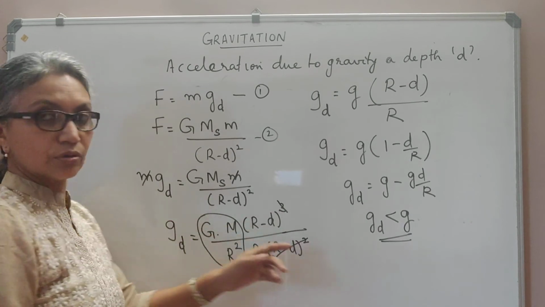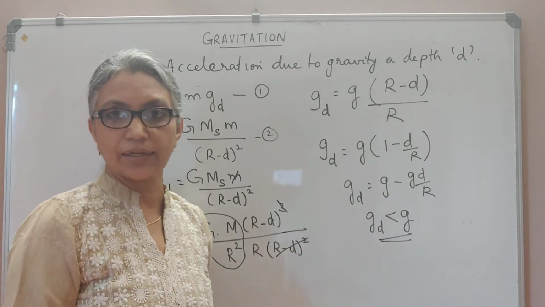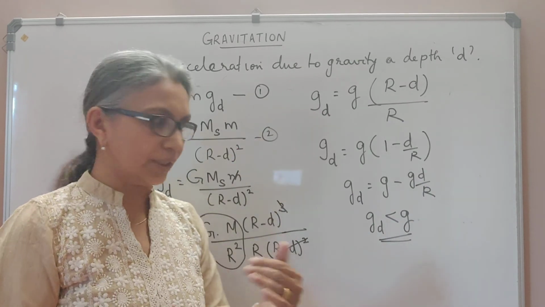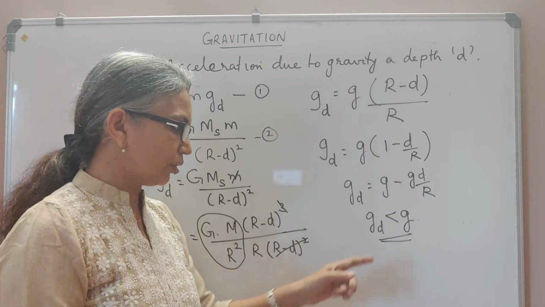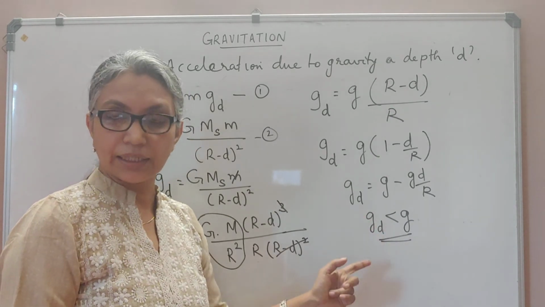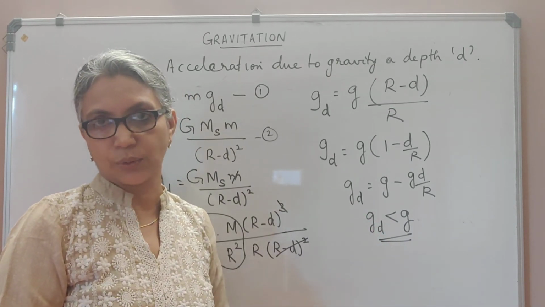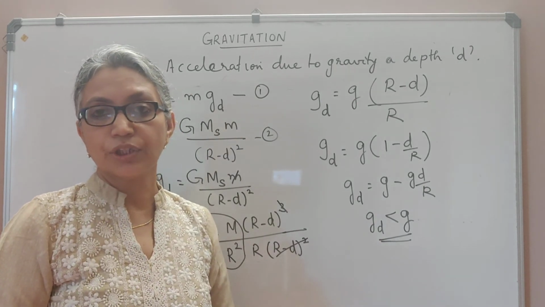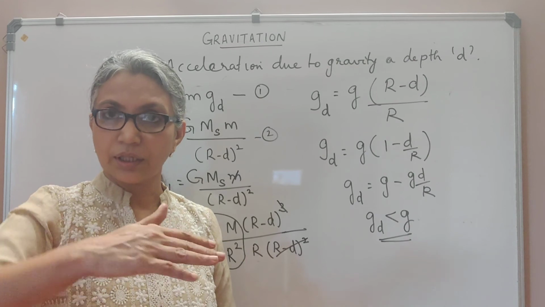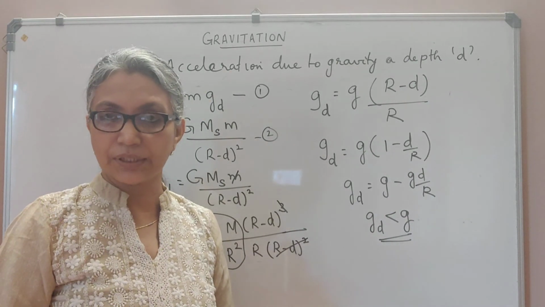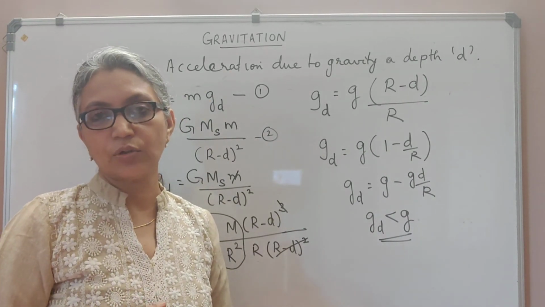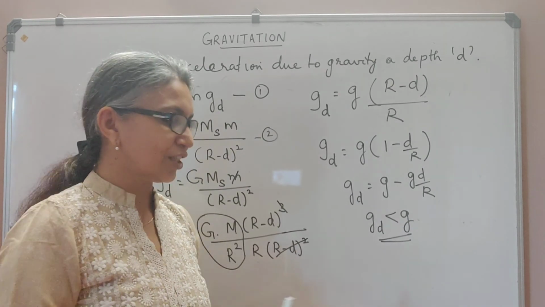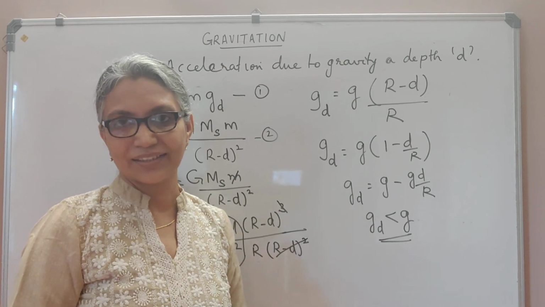So again you arrive at the result that as you go down towards the core of the earth from the surface, the acceleration due to gravity becomes lesser than 9.8 meter per second square, lesser than g. So what we found out is that g is 9.8 on the surface of the earth. Whether you go higher up or deeper down into the earth, the value of g becomes lesser than 9.8 meter per second square. We'll stop our session now and continue in our next class. Thank you.